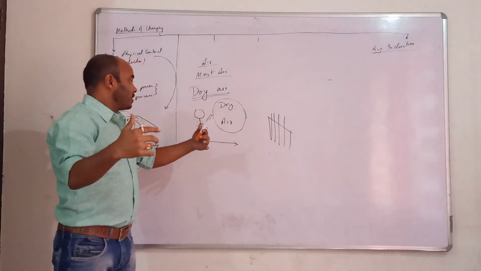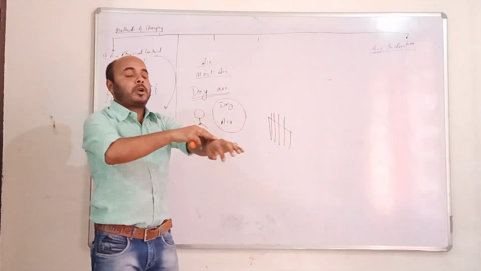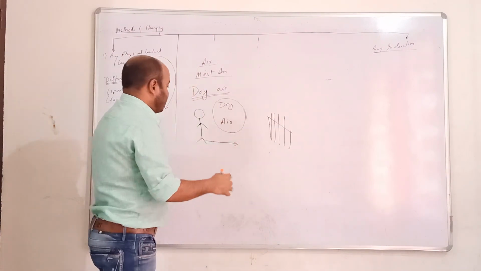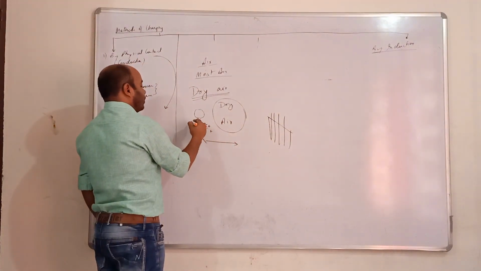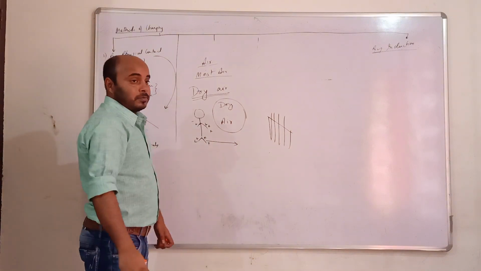Right or wrong? Yes. So when we are cutting through the dry air, there is friction between the air and the human body. That means the whole human body will become what? Charged. Plus, minus, anything. It can be plus, it can be minus, no issue.